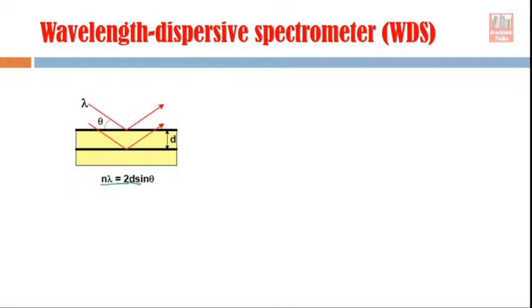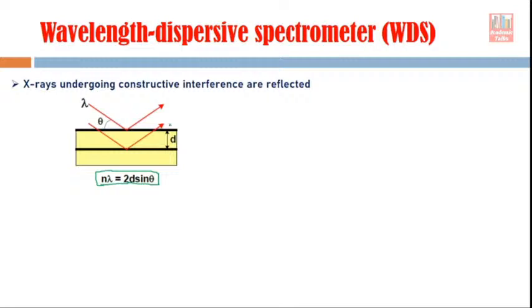The law says that this particular condition has to be fulfilled. So if a single wavelength is coming here, it will produce a constructive interference pattern, right? And this condition will be satisfied here, and theta is the angle of diffraction.